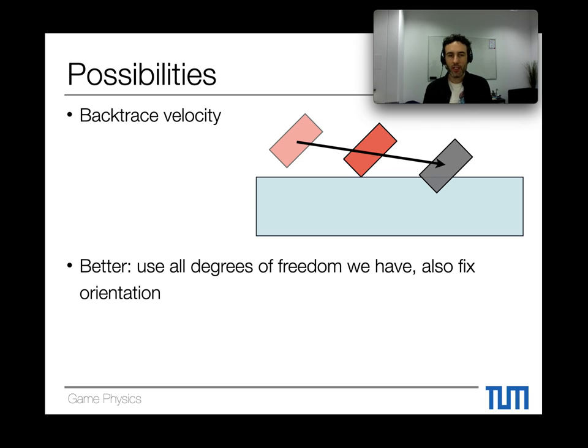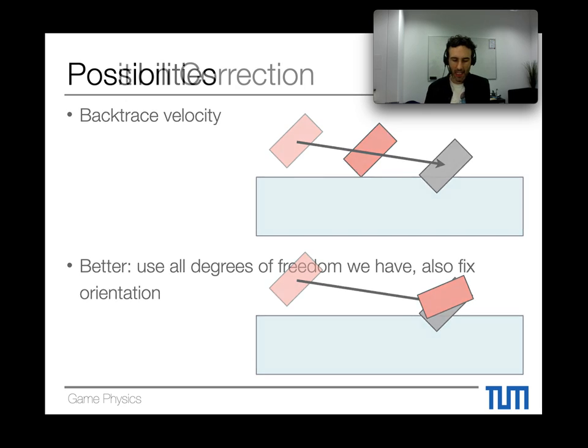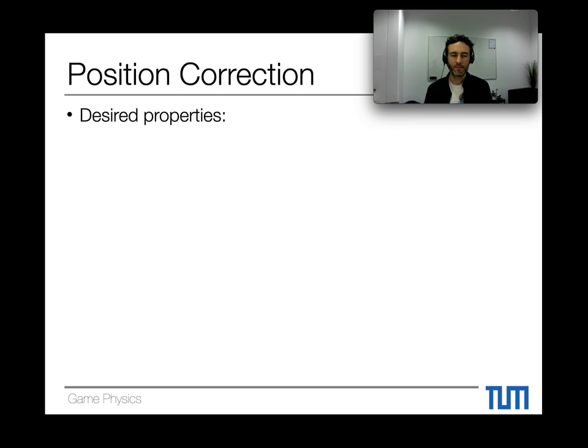So what turns out to be a preferable solution is to use all the framework we have so far, and in a state like the gray one here at the end, maybe move the object a bit in terms of its position, but also rotate it such that we don't need to displace it so drastically, but as much as possible stick to the actual position that we computed. And that's what I want to discuss in the following.